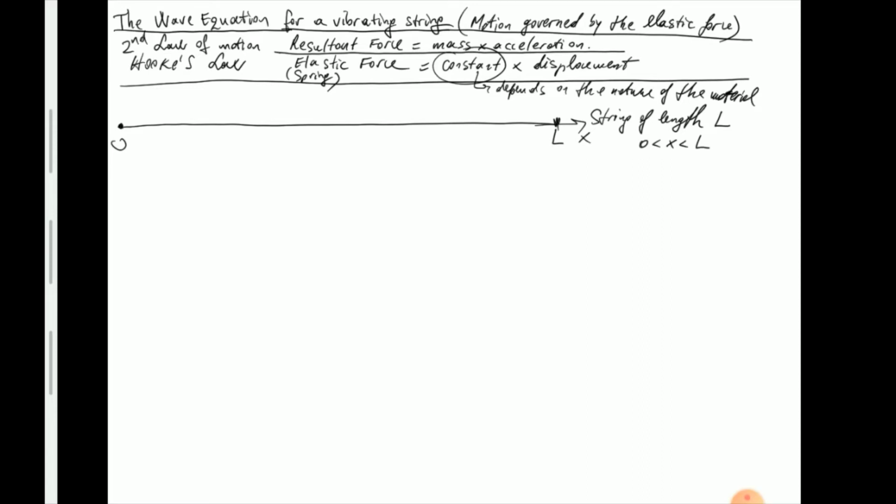Just to make it easier, assume that this vibrating string can only vibrate horizontally. So basically you can stretch it or compress it, left and right. So all the deformation happens horizontally.